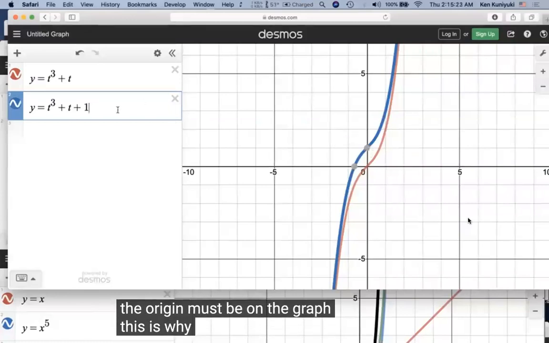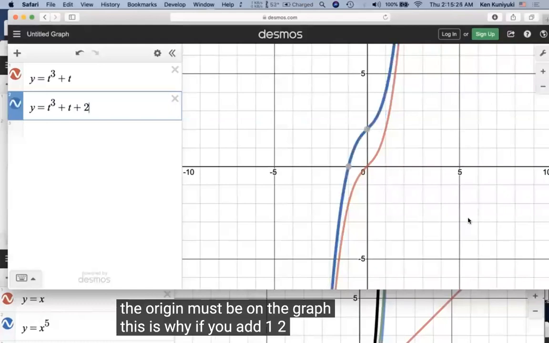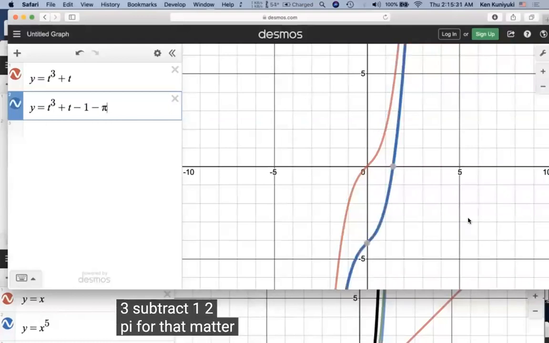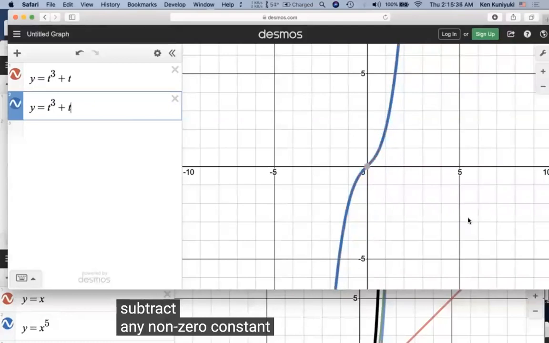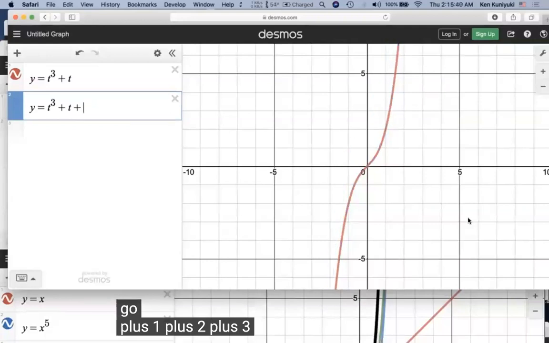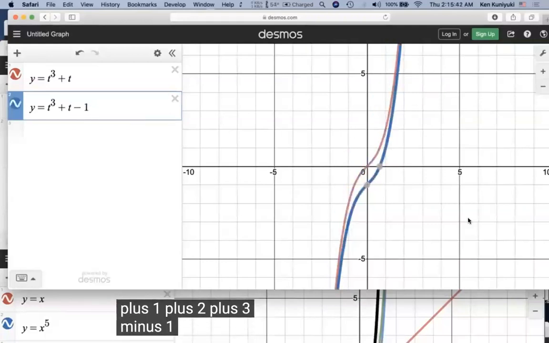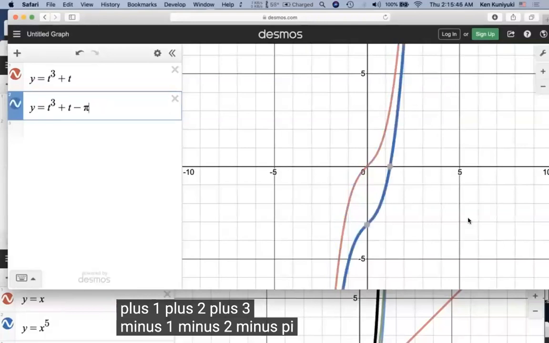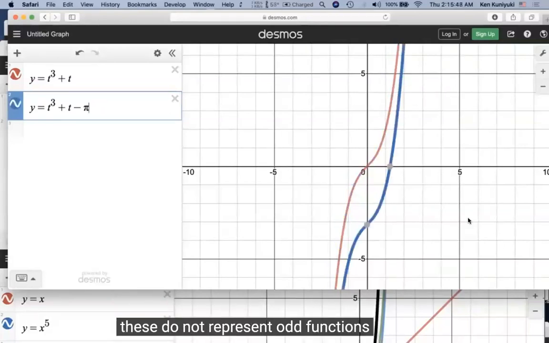This is why if you add 1, 2, 3, or subtract 1, 2, pi for that matter, if you add or subtract any non-zero constant, these do not represent odd functions.